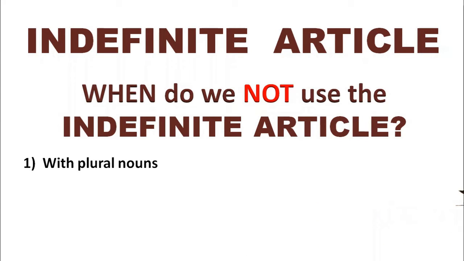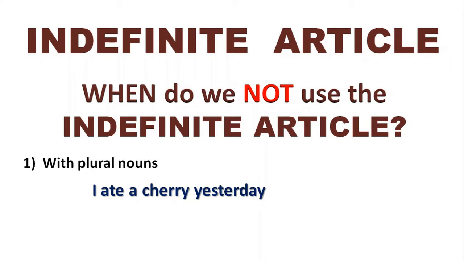So the answer to that is we don't use the indefinite article with plural nouns. So let me give you an example. We would say, I ate a cherry yesterday, if we ate one cherry. That's possible, but it's quite unlikely. We tend to eat cherries in 3 or 4 or 5 or 10, depending how hungry we are.